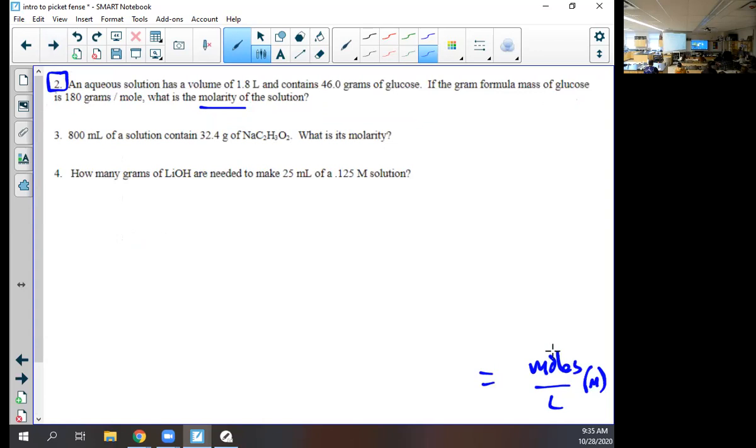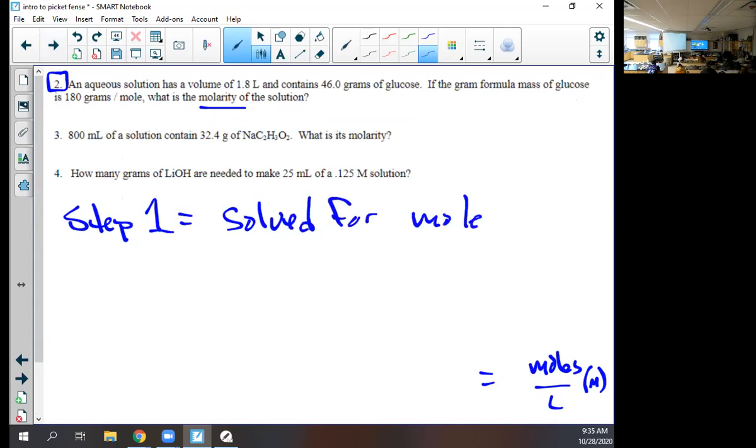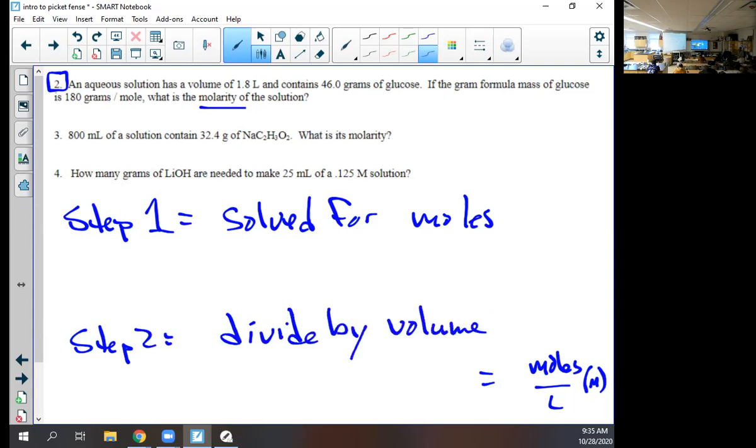What was the first step I did? Step 1, I solved for moles. Step 2, what did I do? Divide by volume. And that has to be in liters.